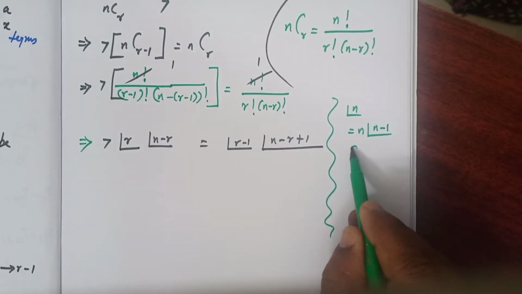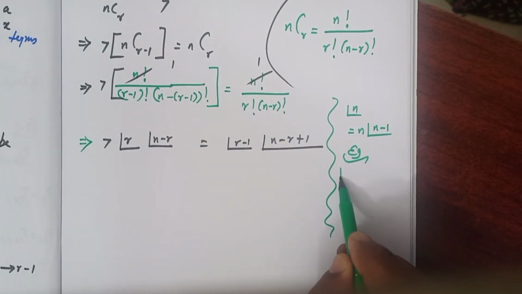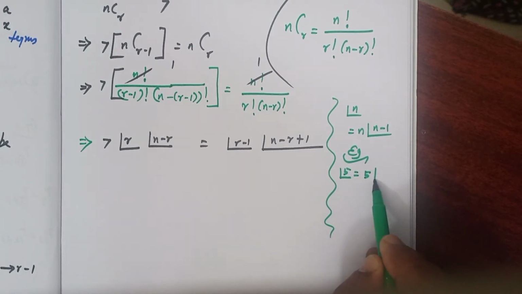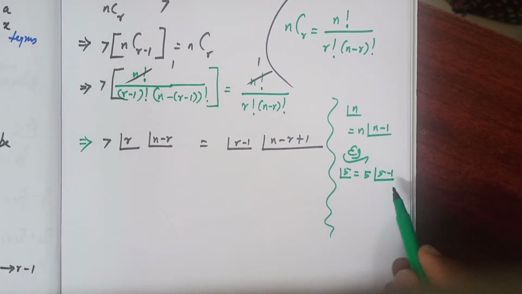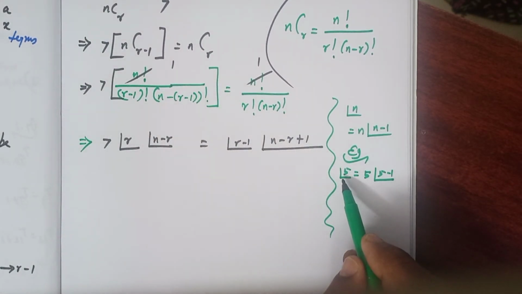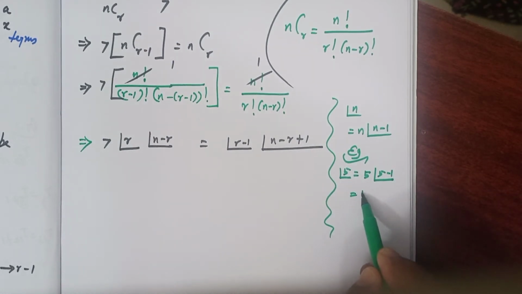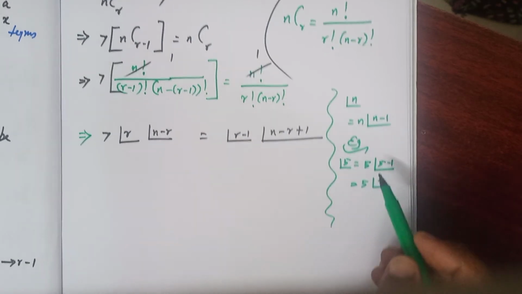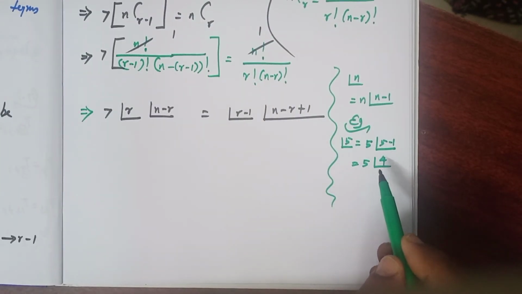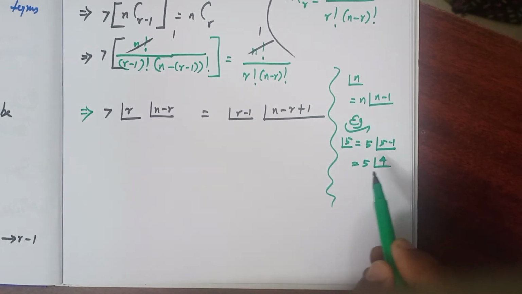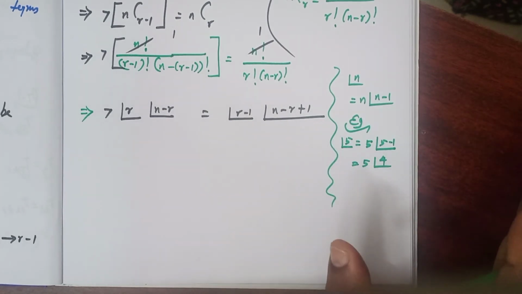For example, 5 factorial can be written as 5 into (5-1) factorial. These two are the same because 5 factorial is equal to 5 into 4 into 3 into 2 into 1. Here you are getting 5 into 4 factorial, correct? 4 factorial is 4 into 3 into 2 into 1, into 5. Therefore, these two are the same.